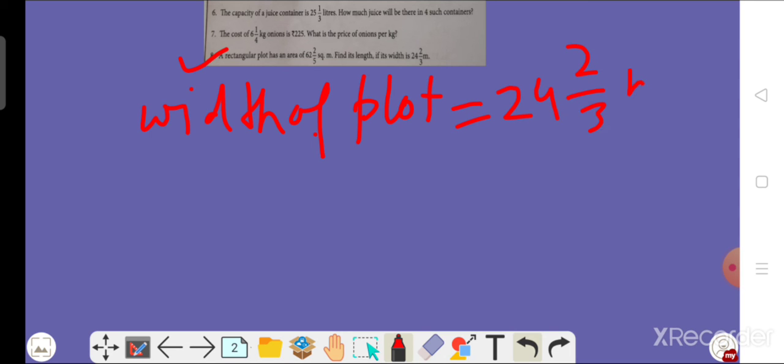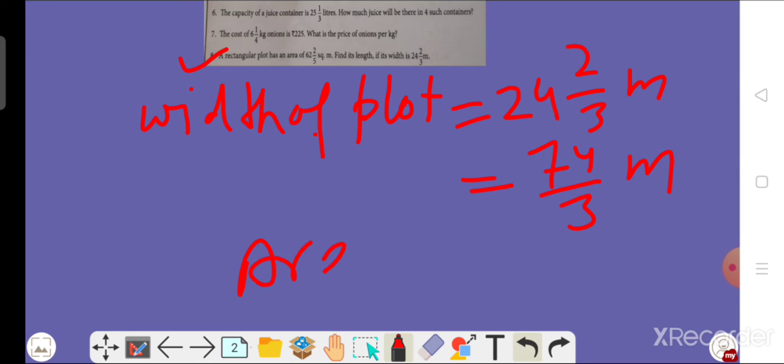8th question. A rectangular plot has an area of 62 raised 2 by 5 square meter. Find its length if the width is given. Okay, so what is given in this question, beta? We have the width of the plot, that is 24 raised 2 by 3 meter, and if we solve this mixed fraction, this will become 74 by 3 meter.